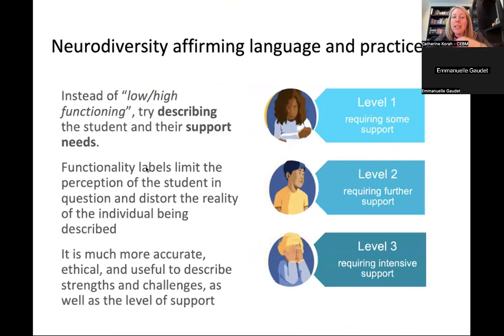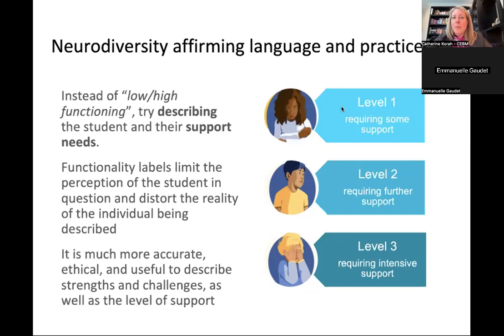Functionality is labeling, it limits the perception of the capacity of the student, and we're distorting the reality that the student, the teen, is able to do certain things with the right conditions in place. It's much more accurate, ethical, and useful to describe the strengths and challenges as well as a level of support.